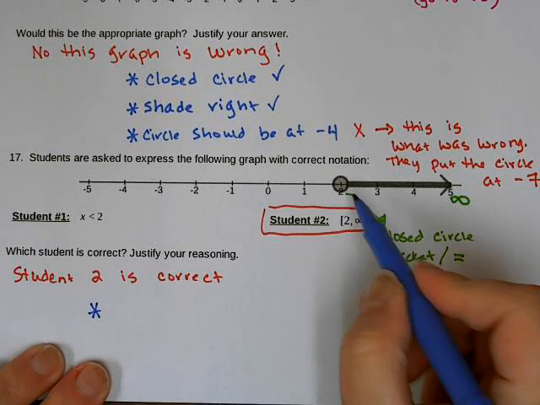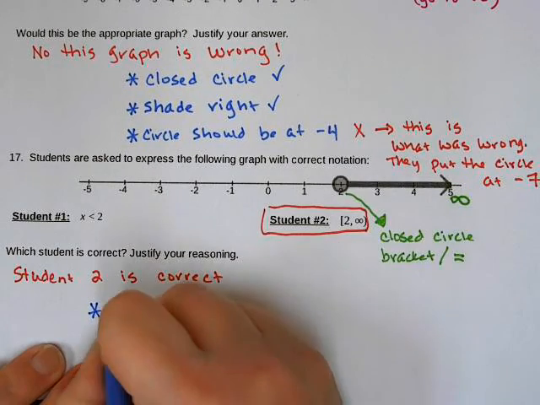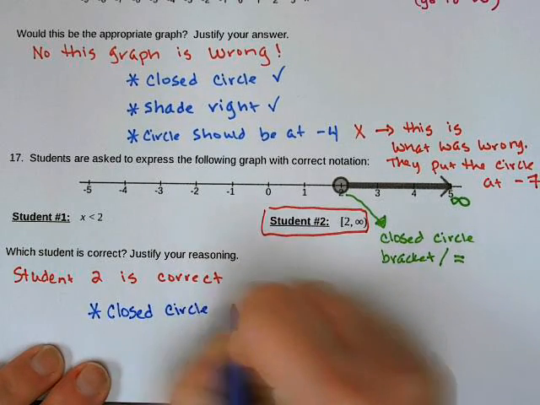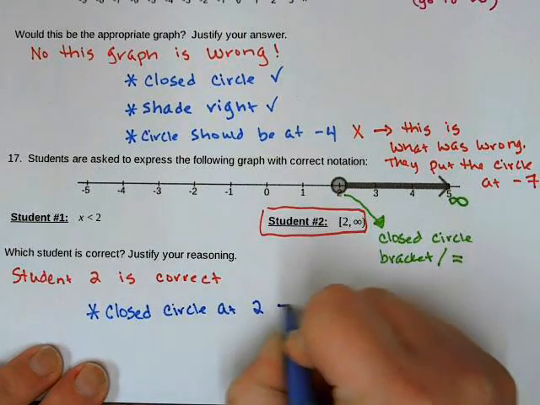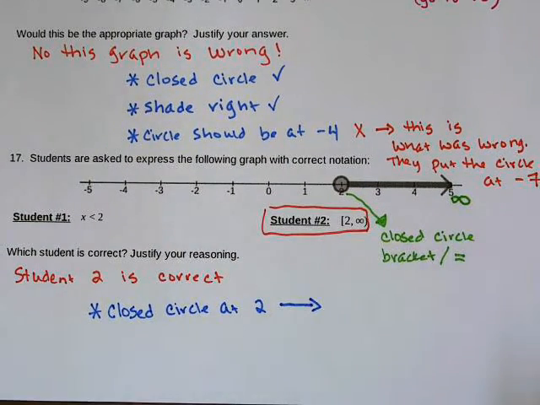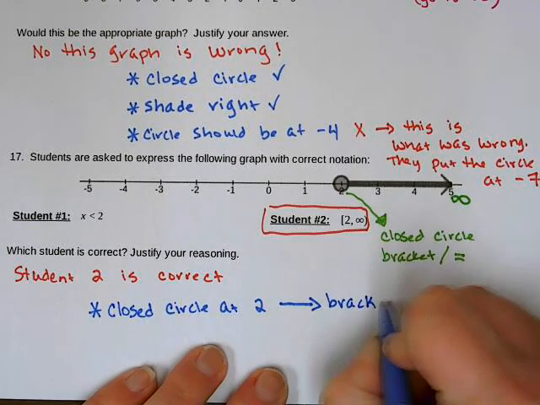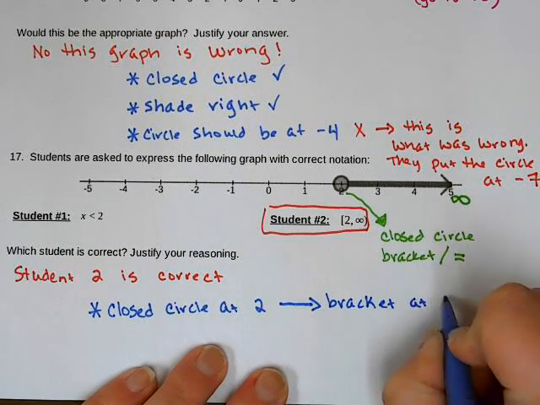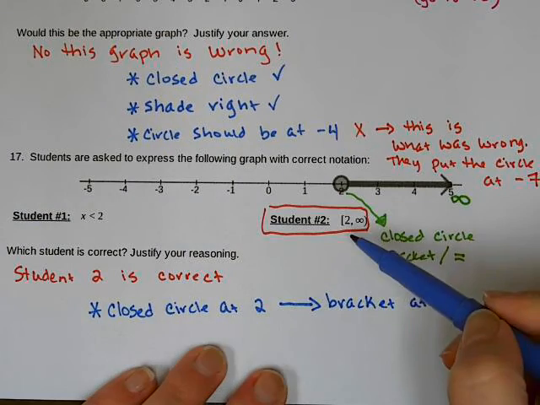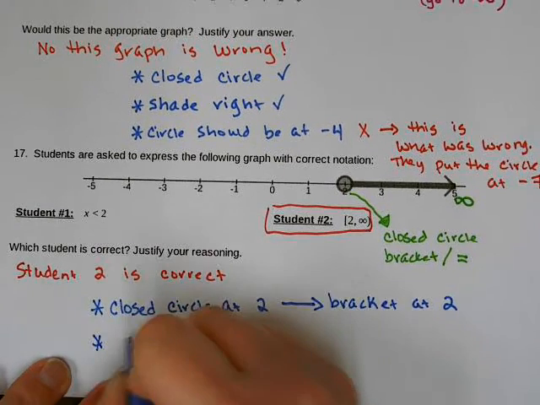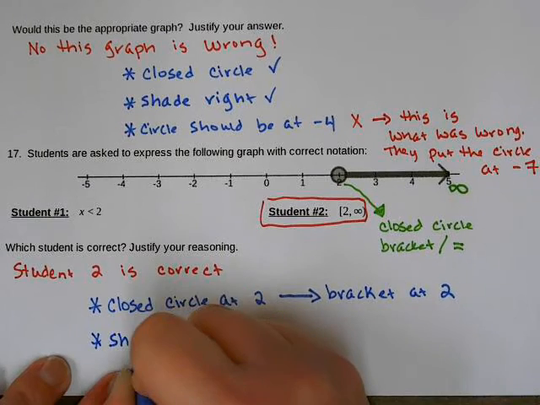So, since there was a closed circle at 2, that meant that we need to have a bracket at 2, which student 2 did correctly. Then we also know that it was shaded to the right.